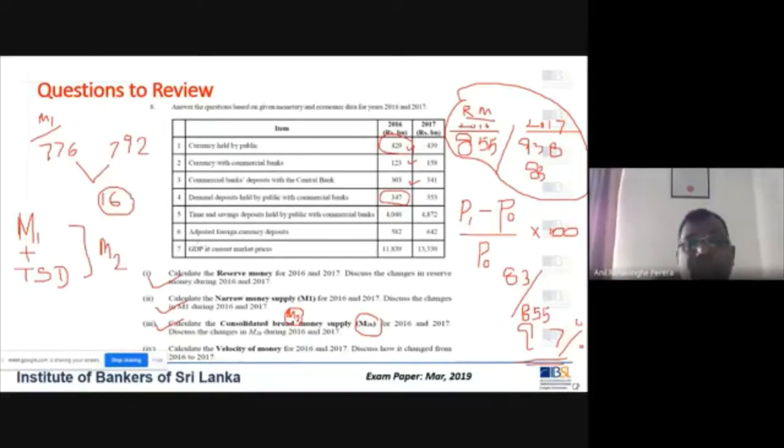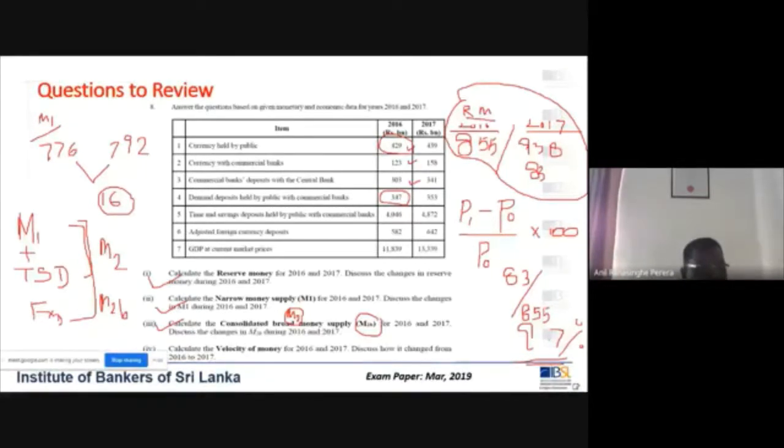If you add up these adjusted foreign currency deposits, FCD, then all three equals M2B. In Sri Lankan monetary aggregates, we have this special aggregate M2B, and this is considered the most representative monetary aggregate in Sri Lanka.